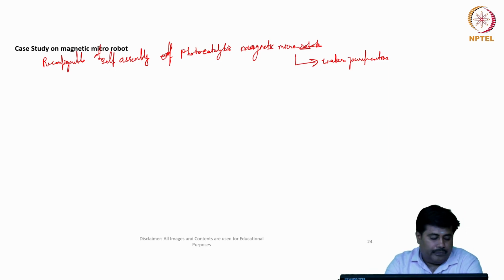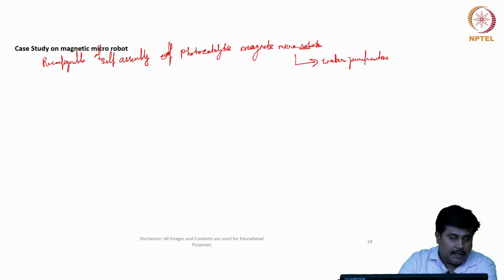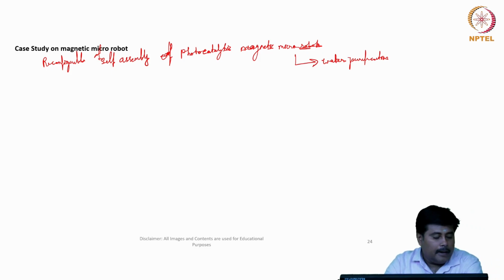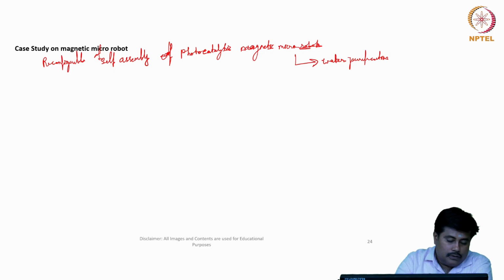So in this particular case, the overall structure is a self-propelled, light-powered magnetic microrobot. It has a lobe-like structure, and inside this lobe structure it has a core-shell arrangement.